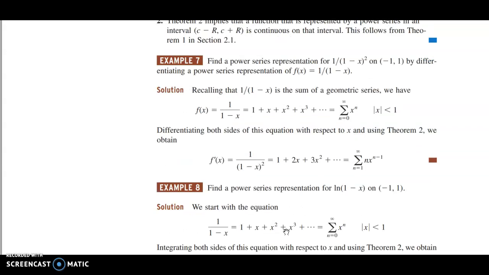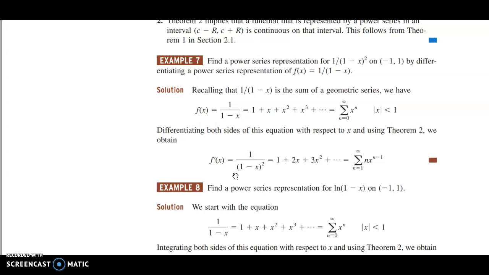Next is an example. Find a power series representation for 1 by 1 minus x whole square on minus 1 to 1, by differentiating the power series representation f of x equal to 1 by 1 minus x. Recalling that 1 by 1 minus x is a geometric series of this type if mod x is strictly less than 1.